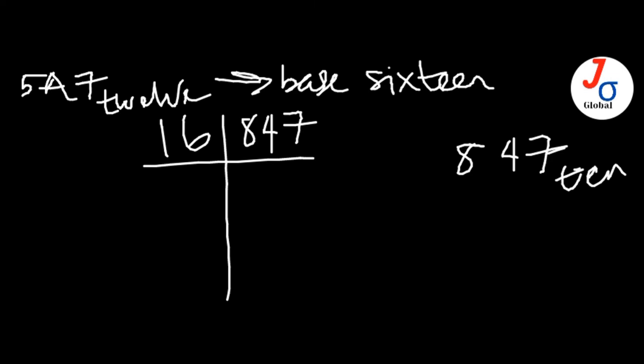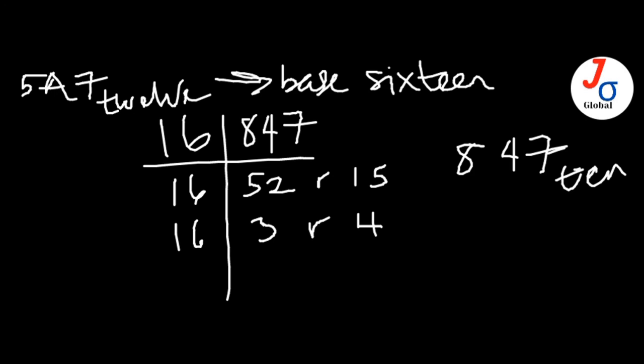So what I get is 52, remainder 15, then 52 divided by 16, I get 3, remainder 4, then 16. Can 3 be divided by 16? Nope. So 0, remainder, what's there? 3. So bring it down here, 3.